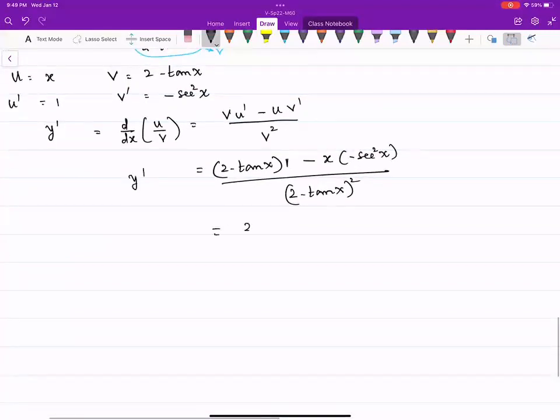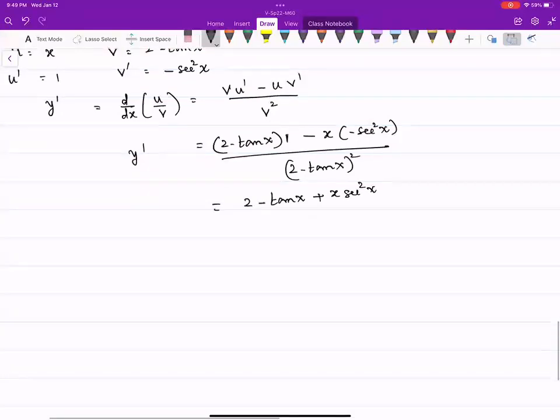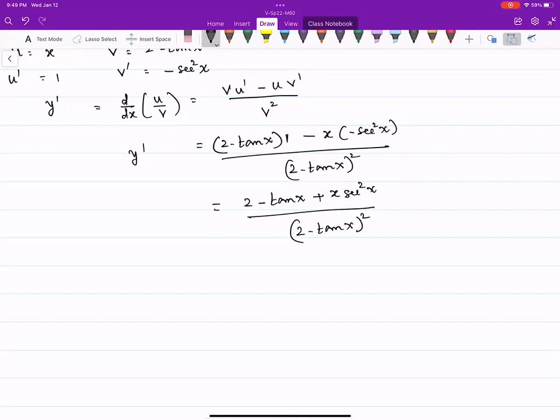If we can simplify, we will simplify; otherwise, we will just keep it that way. It's x times secant squared x, because minus and minus makes it positive, divided by 2 minus tan x, the whole squared. So nothing much we can do with this problem. We cannot simplify that any further, so we will leave the answer the way it is.